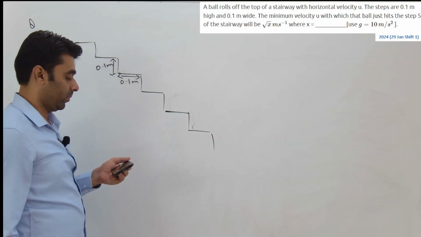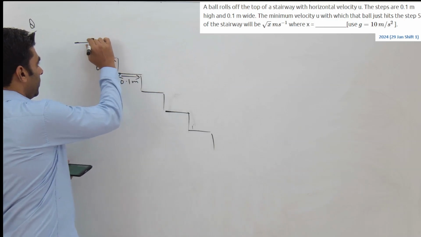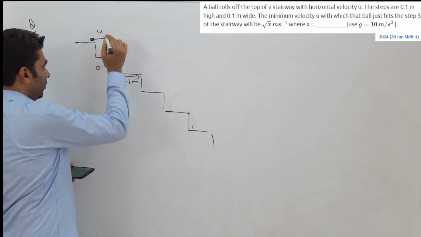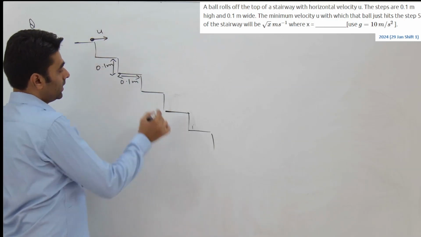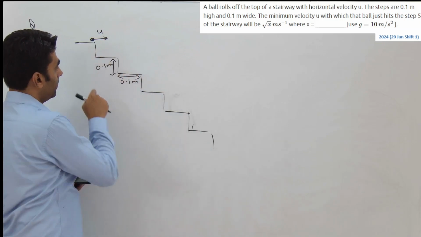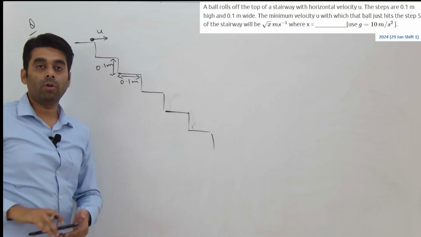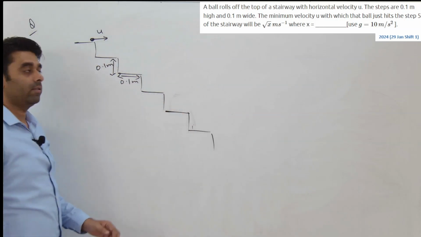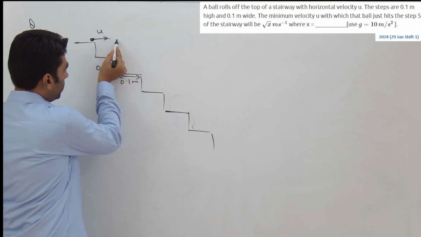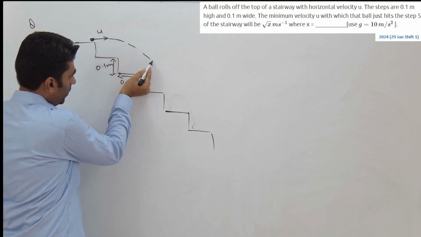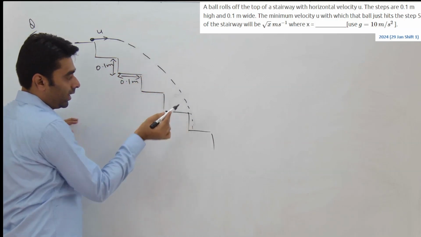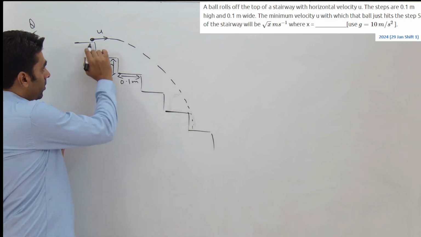meter per second. Okay, so let's say that from here we give a velocity u. What should be the minimum velocity such that it hits the fifth step? Fifth step means 1, 2, 3, 4, 5. If we want the ball to reach the fifth step, the projectile should have this type of trajectory. It should fall like this. How much should be the horizontal distance?